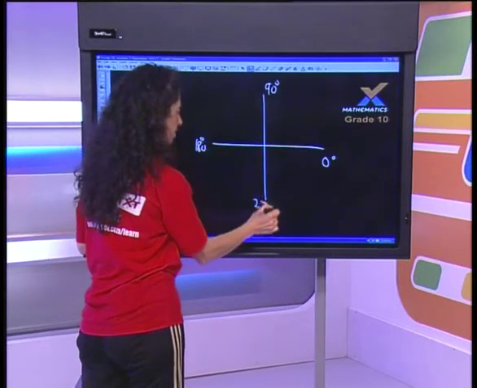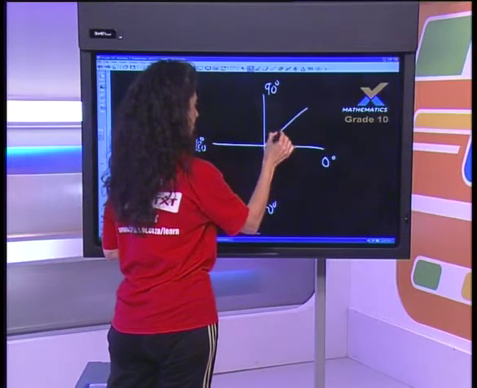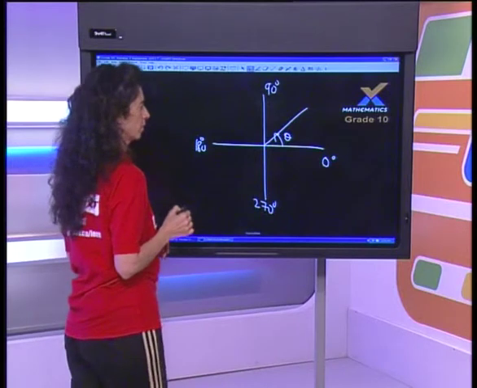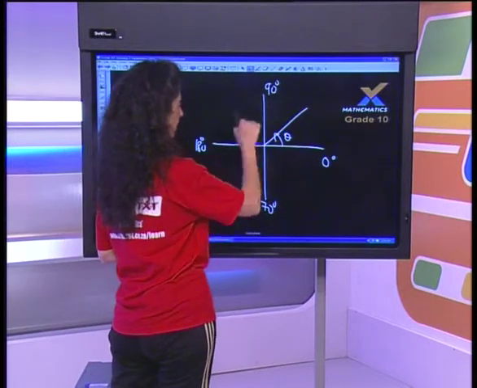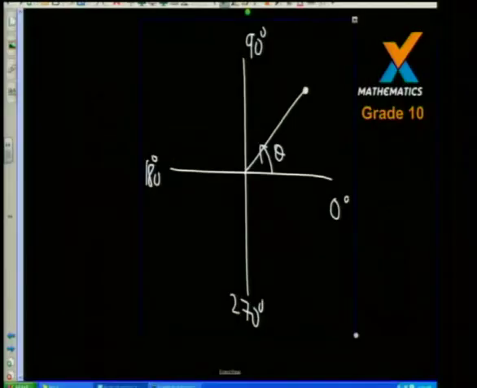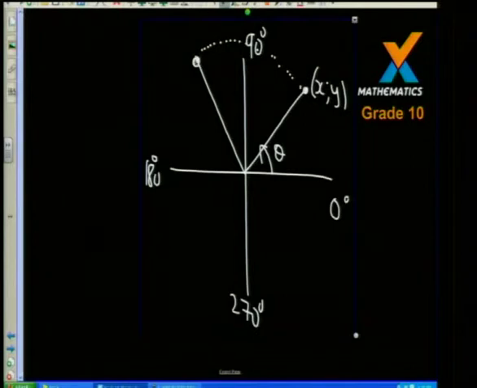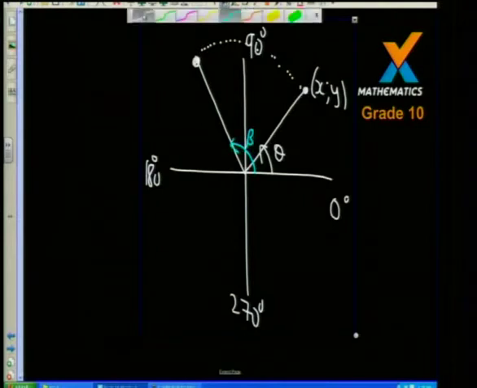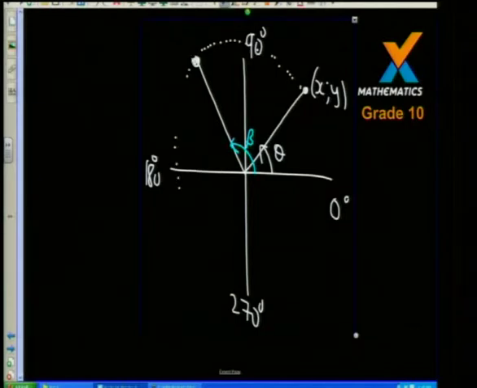And then the second little bit of terminology is that theta will be in standard position from 0 degrees, so it will be rotated in an anti-clockwise direction. And where it stops on the Cartesian plane, it will have coordinates x, y. Okay, now if this arm here had to travel to a new position, what is the path that this theta, or this ray, would follow into the next quadrant? And this blue theta is bigger, so we're going to call him beta. And then we're going to continue rotating into this quadrant.